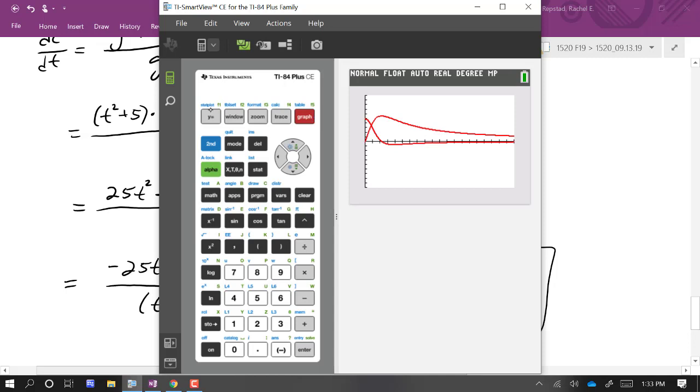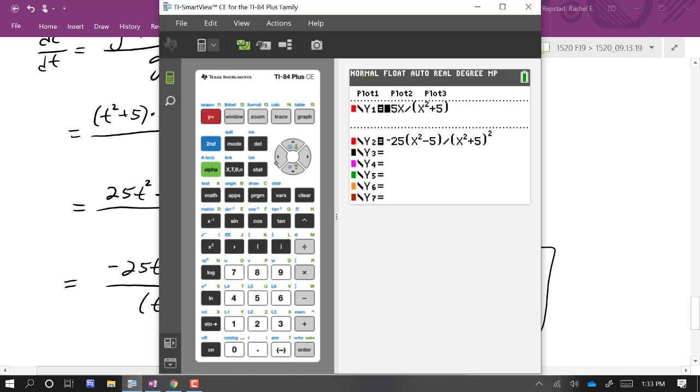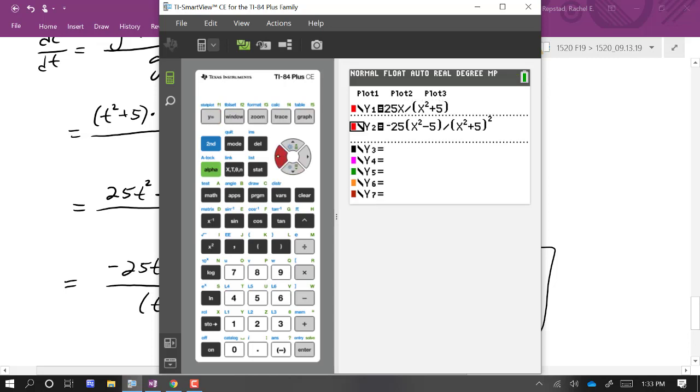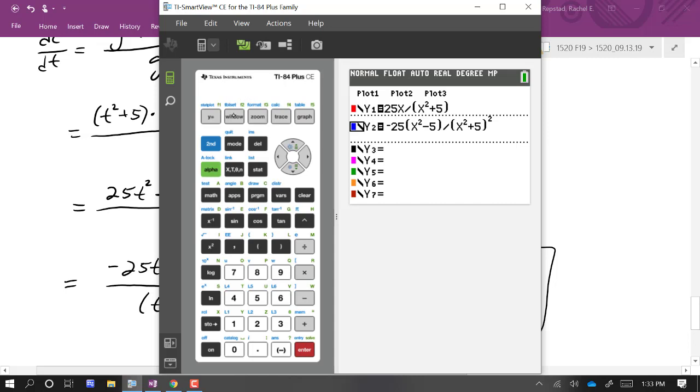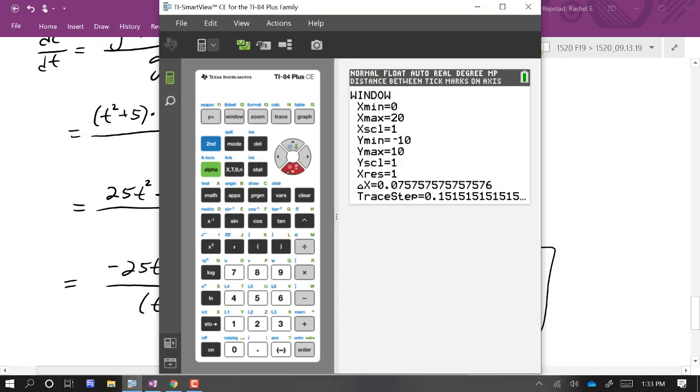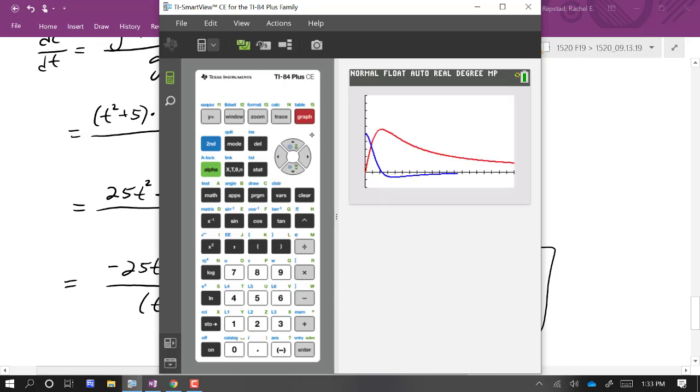Oh no, wait, hold on. It's fine, but I don't want them both to be red. And I don't think I need to go quite that low, so let's try negative 2. There we go.